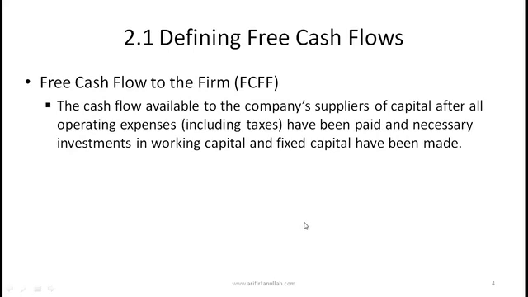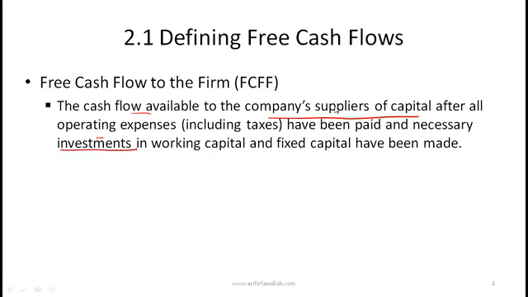And I'm sure you at least recall seeing this in level 1, but now you need to make sure you get a good, thorough understanding of this. So free cash flow to firm is the cash flow available to the company's suppliers of capital after all operating expenses, including taxes, have been paid and necessary investments in working capital and fixed capital have been made.